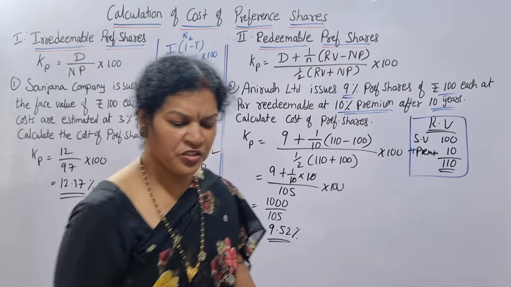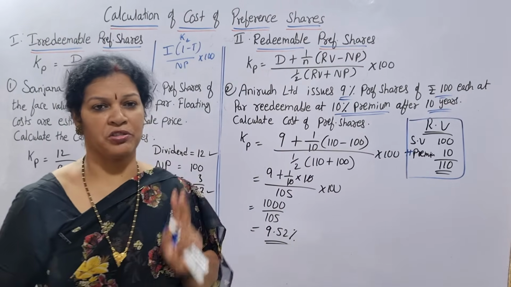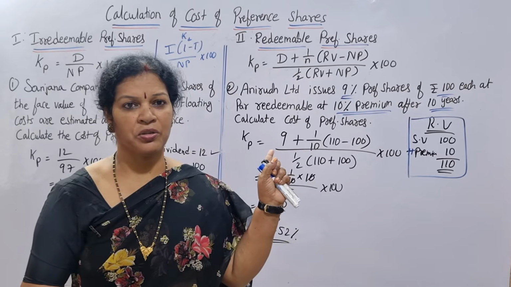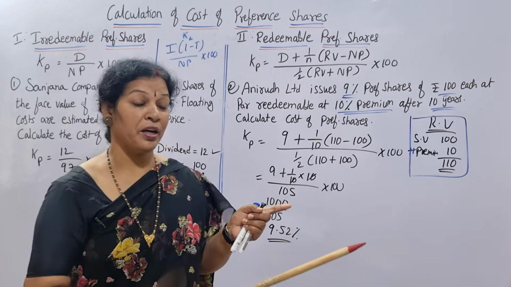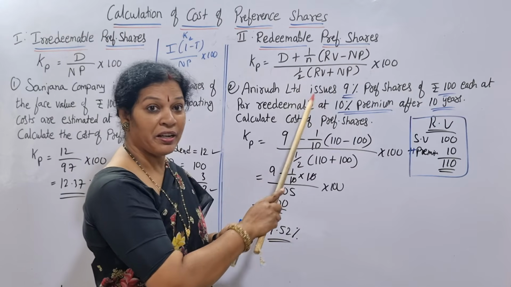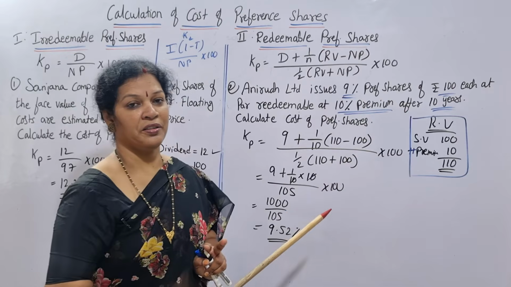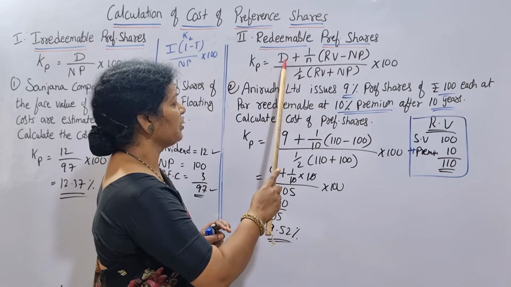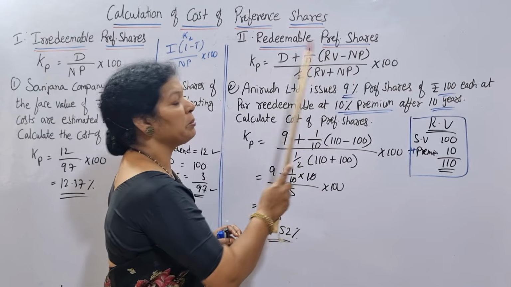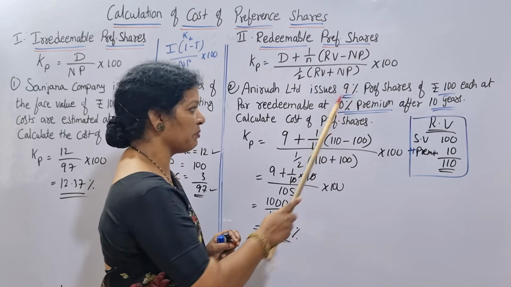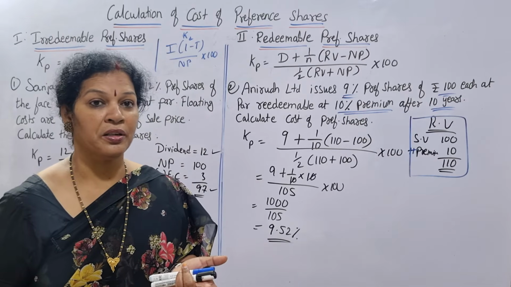Is it clear? Shall I explain once again? It is a simple formula you have to remember, same like cost of debt only. There we used to write interest, now here we write dividend. Dividend plus 1 by N into RV minus NP, by 1 by 2 into RV plus NP, into 100. As per the formula, what is needed? Dividend, which is this one. N is 10 years. Redeemable value: since a premium is given, that is why we calculated it. If premium was not given, we could have taken 100 only.